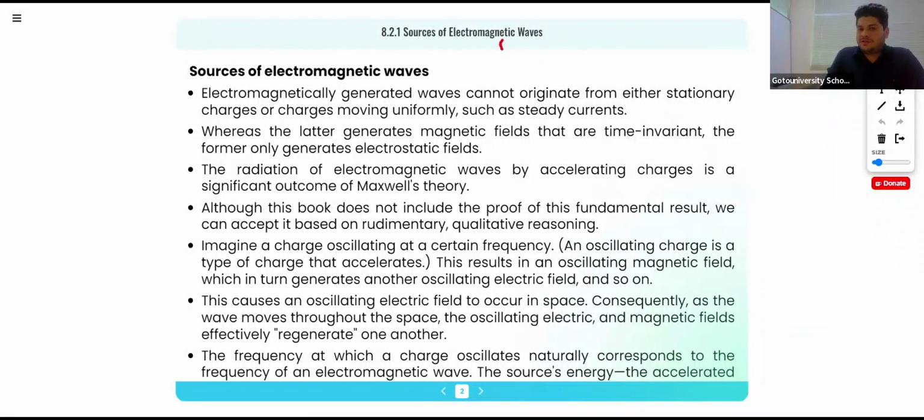The waves for which no material medium is required for their propagation are known as electromagnetic waves.